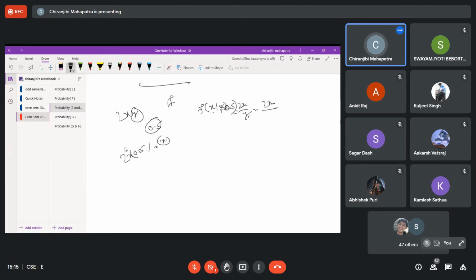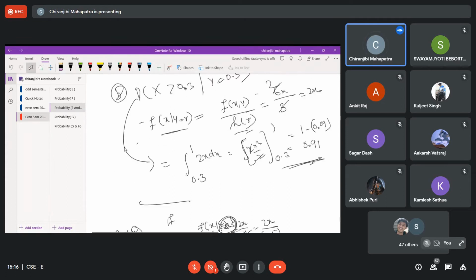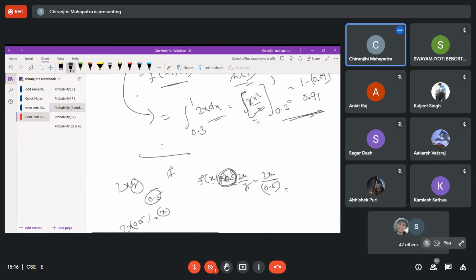Now what you have to do, 2x divided by, as it is given that y equals 0.5, so just put 0.5. ठीक है, तो 2x by 0.5 को लेके तुम्हें फिर इंटीग्रेशन करना पड़ता है. जैसे कि यहाँ पे इंटीग्रेट किया हूँ, तो similarly you have to do that. Okay, sir. अभी भी ठीक है, समझ में आ गया ना? Yes, sir. ओके, ठीक है.